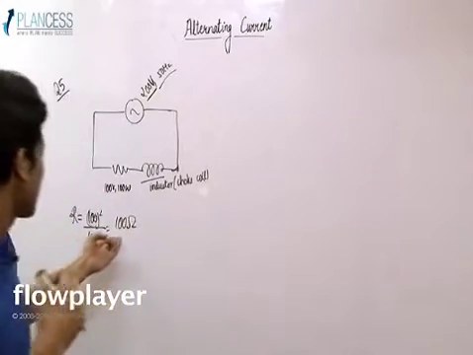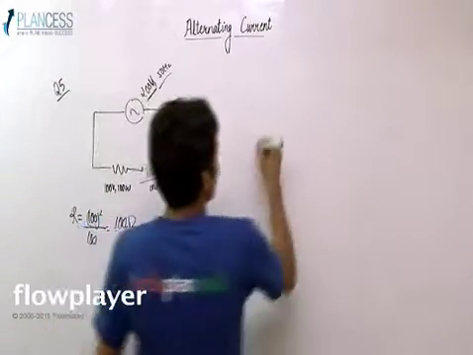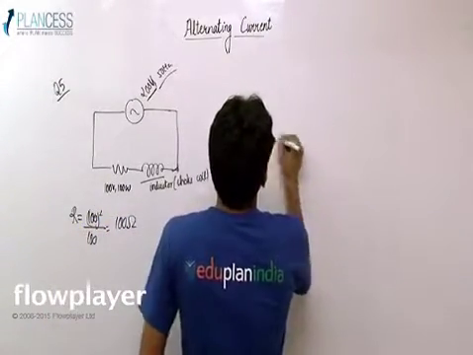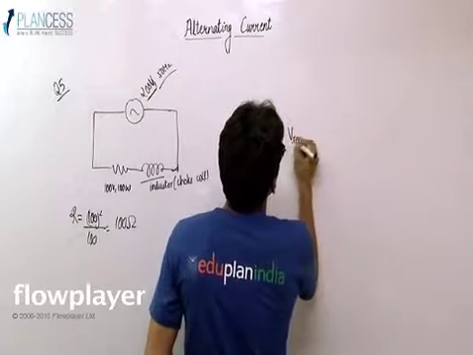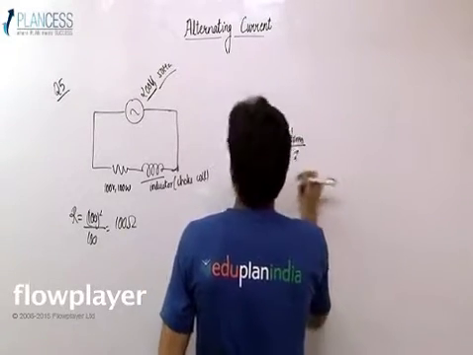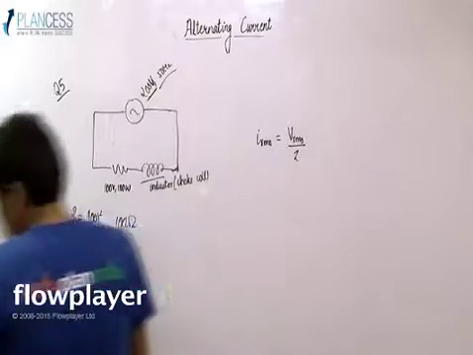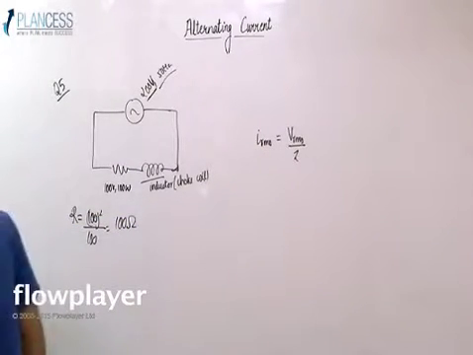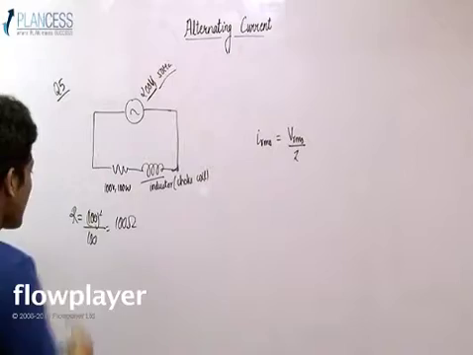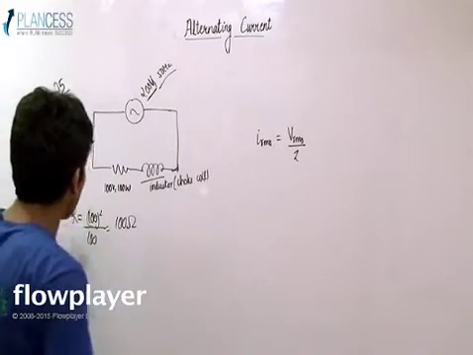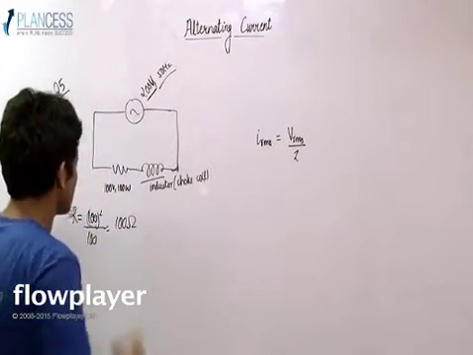The resistance is 100 ohms. So IRMS is equal to VRMS upon Z. Since R is 100 ohm, what current should pass through this resistor?